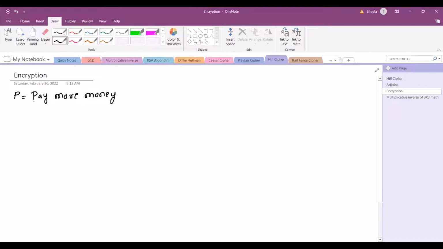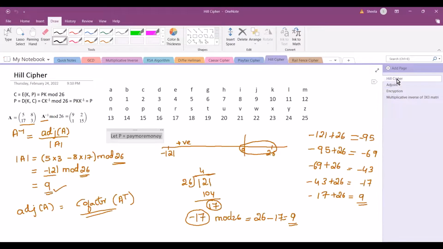Now I need to express this in terms of numbers. We are going to use the numbers we considered in the first slide, that is 0 to 25.